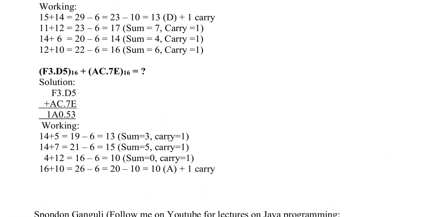Here 3 comes as sum, 1 goes to carry. D is 13 plus 1, 14 plus 7, 21 minus 6, 15. 5 comes as sum, 1 goes to carry. Then 3 plus 1, 4 plus C is 12, 4 plus 12, 16 minus 6, 10. 0 sum, 1 carry. Then F plus 1 is 16. F is 15 plus 1, 16, plus A is 10, 26 minus 6 minus 10, 10. 10 becomes A and 1 goes to carry.